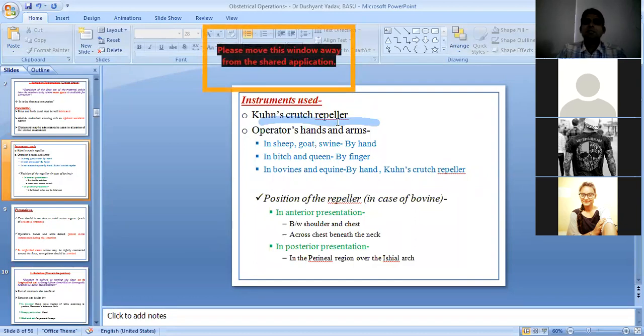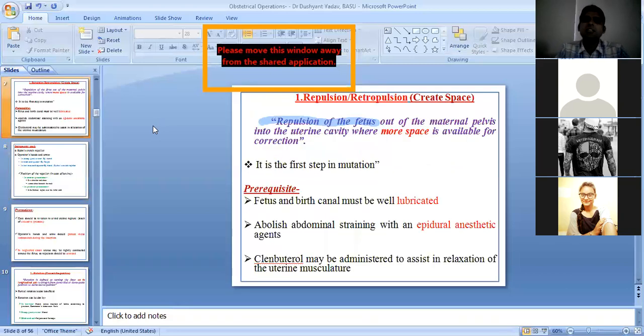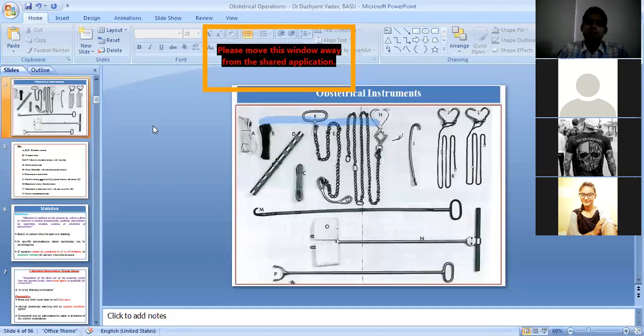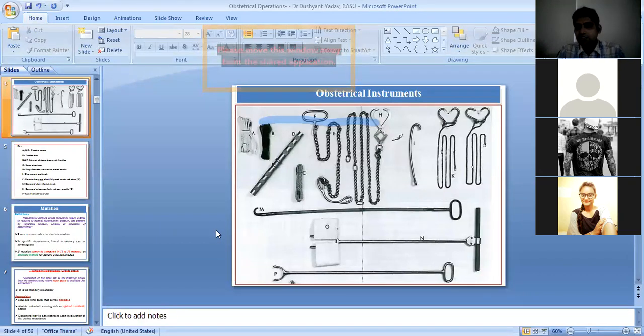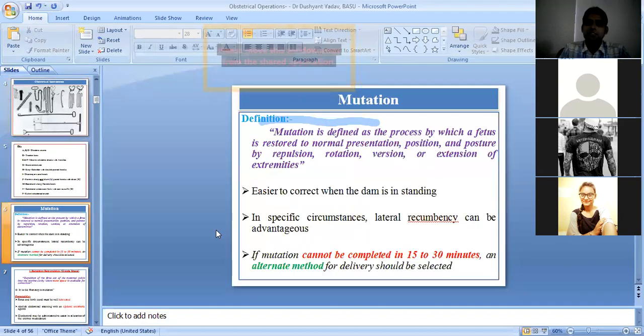And wound crutch repellers. It is not a big instrument. You see here, that is the wound crutch repeller in the figure P, which can be applied for the repulsion of the fetus.